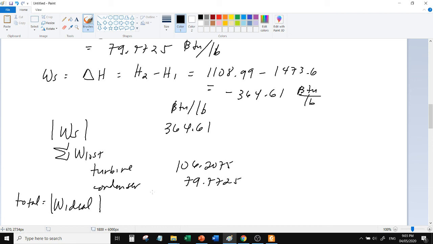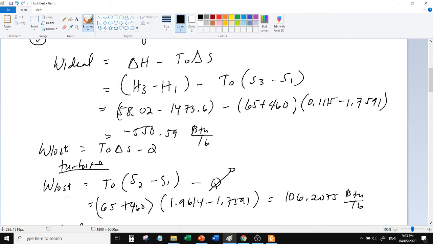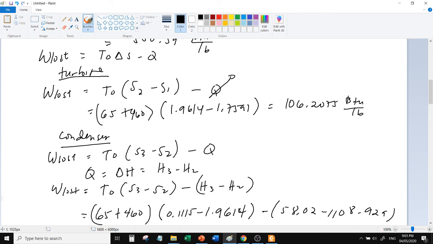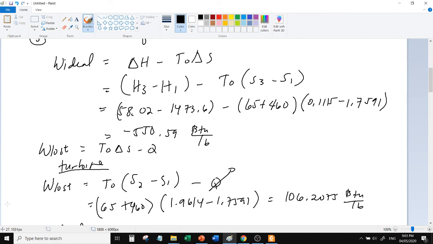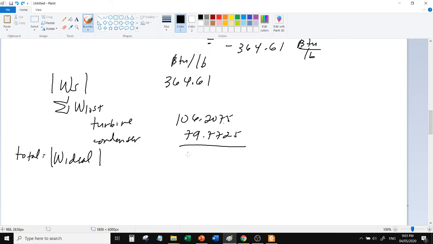Now, dapat mag-total yan dun sa na-solve natin na work ideal. Ang na-solve natin na work ideal ay 550. Absolute value niyan, 550.59. Tama, nag-total nga yan. Kahit i-check nyo, nag-total siya doon sa solve. Ibig sabihin, tama yung ginawa natin analysis.